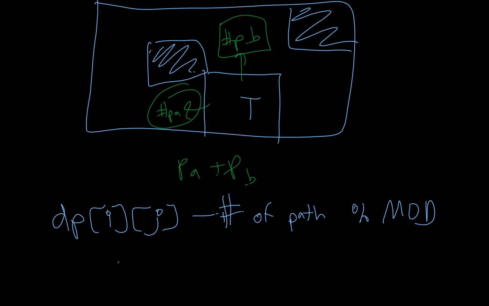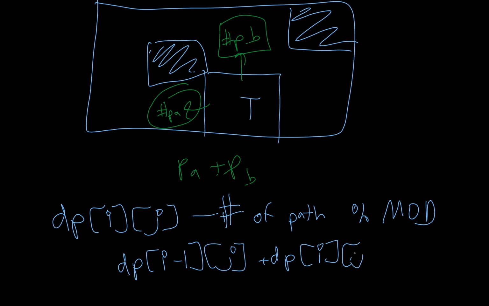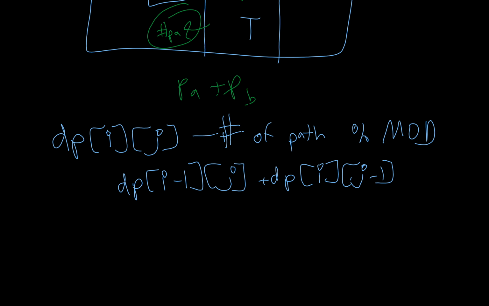All this would be dp of i minus 1, j, which is the cell above him, meaning his last move was moving down, plus dp of i, j minus 1, the one to the left of him, which means his last move was moving right.